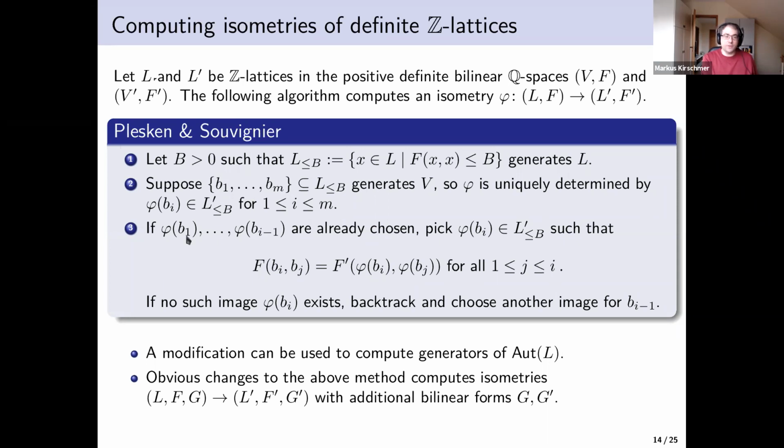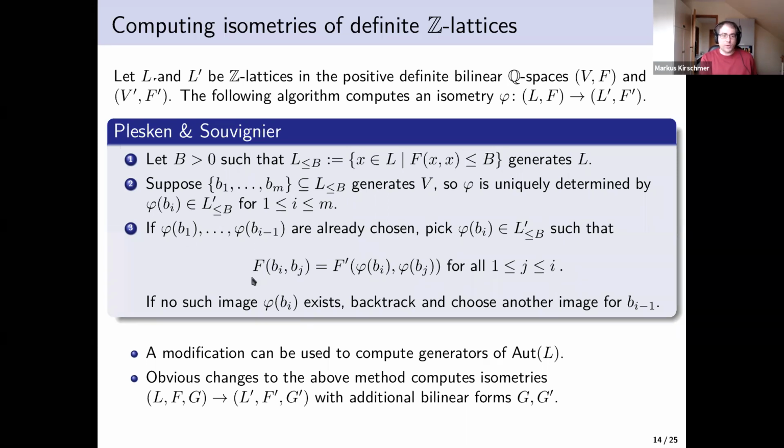So what you have to do is guess the image of the vector b1, the image of b2, up to bm. And of course, the image of b1 must have the same length. So if b1 is a vector of length B, then the image also must be of that length.